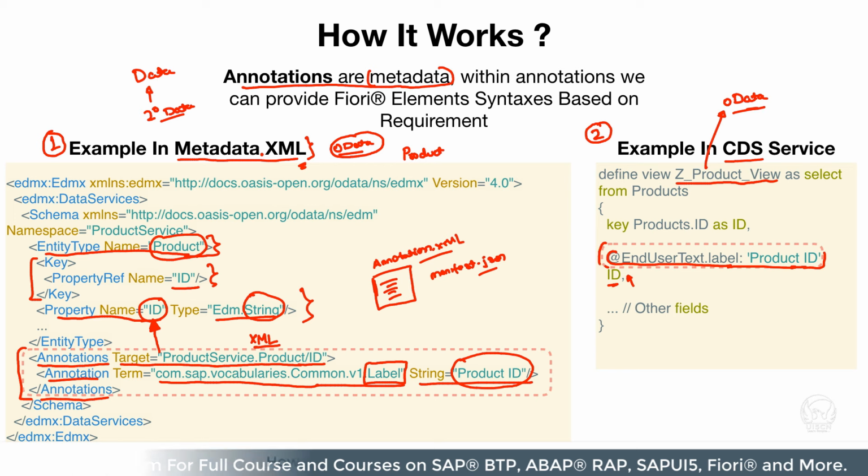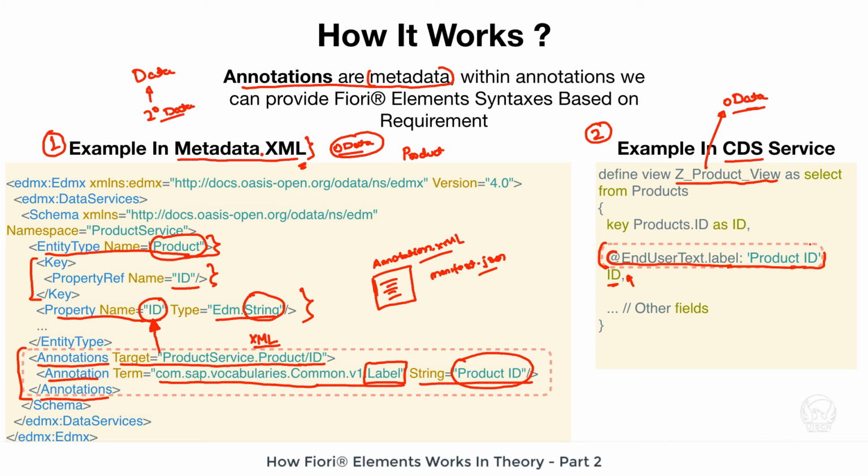So what we have done is just add a single annotation and the value for the annotation. Within this annotation, we have the information of what this property label can be. This is the metadata, and the label here is provided as product ID.